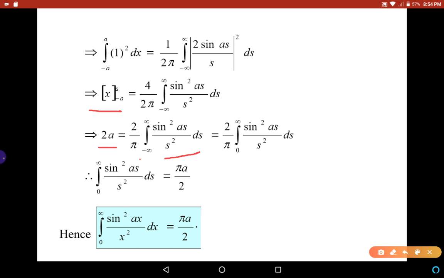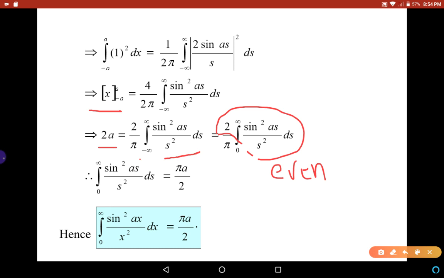Now, the integral from -∞ to ∞ of sin²(as)/s² can be written as 2 times the integral from 0 to ∞ of sin²(as)/s², because sin²(as)/s² is an even function, and hence it can be written as 2 times the integral from 0 to ∞. Therefore, we obtained the integral from 0 to ∞ of sin²(as)/s² ds is equal to πa by 2.